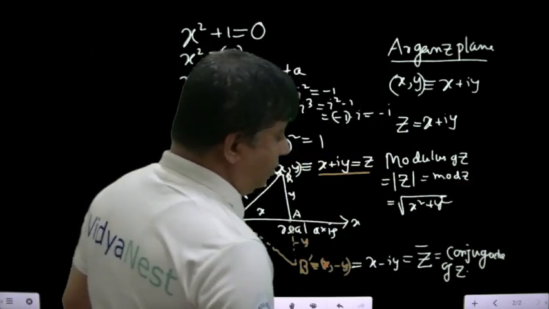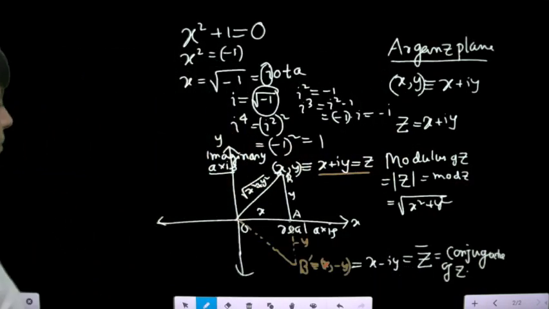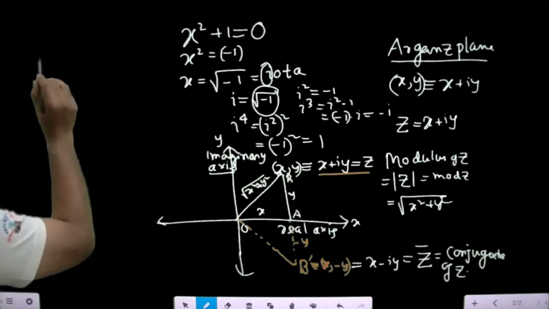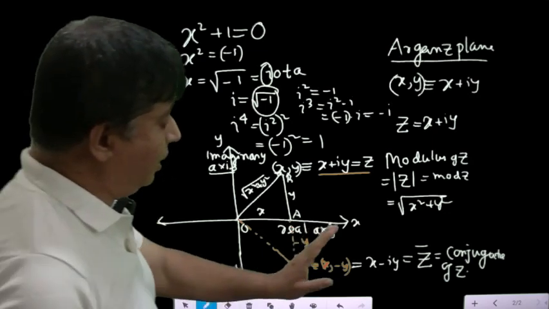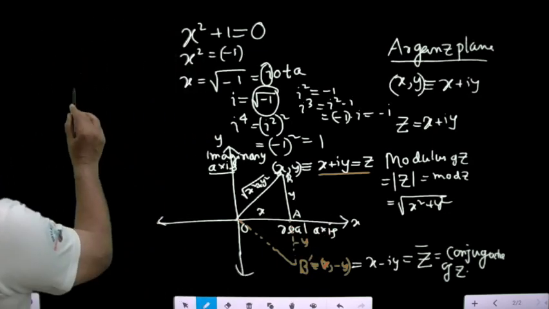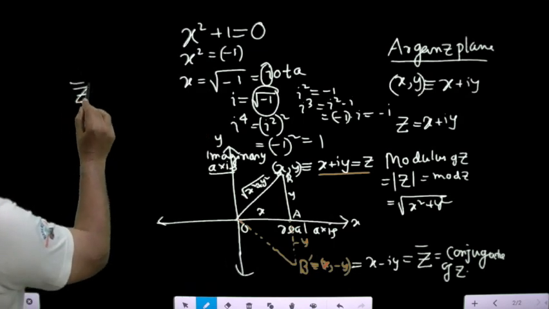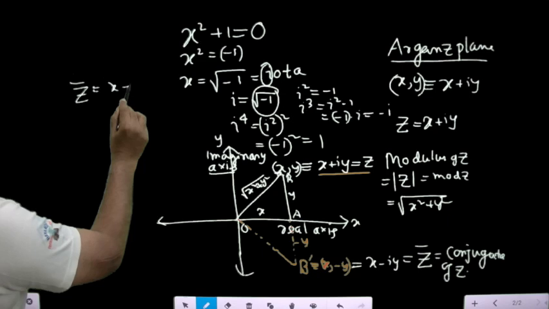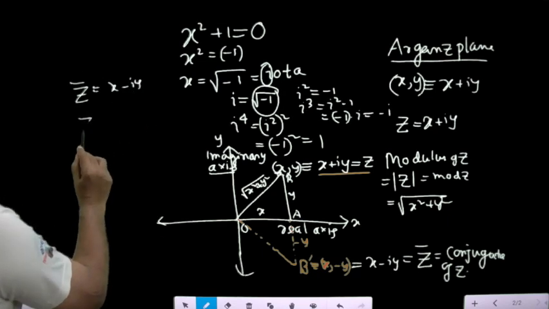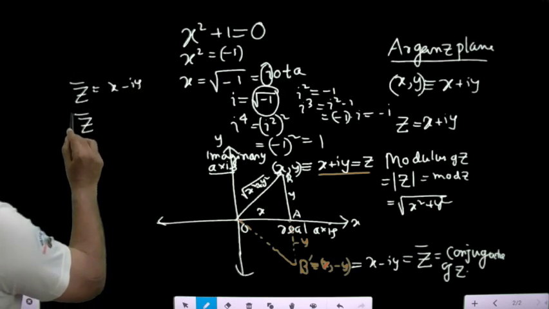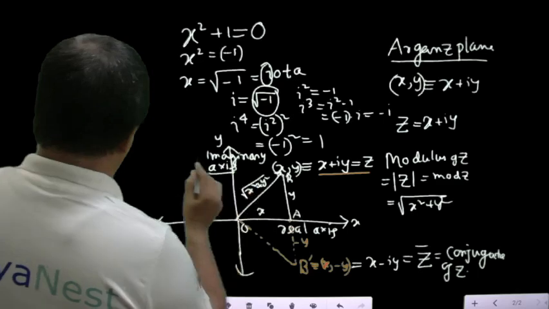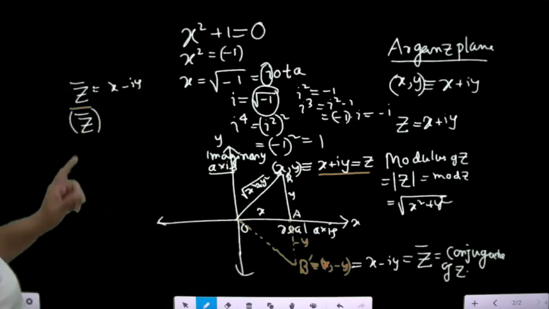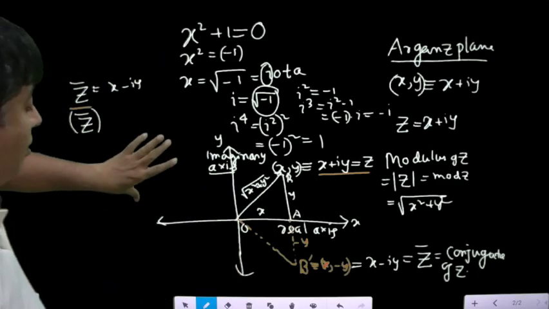That means z bar is conjugate of z. So z bar is x minus iy. So if I put another bar on it, I will get conjugate of this thing also.